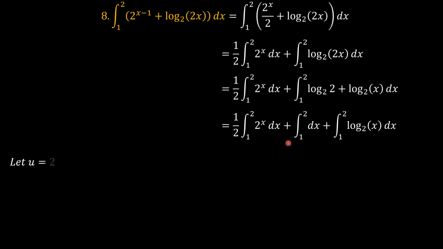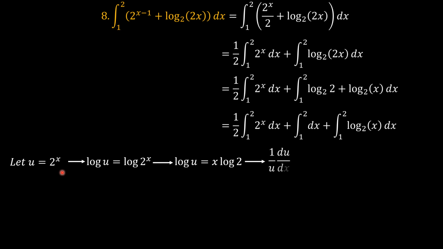Now we can focus on the first part and say let u be equal to 2 to the x, such that the natural logarithm of u is equal to the natural logarithm of 2 to the x, which means ln u is equal to x times log 2, and therefore 1 over u du/dx is the same as log 2, so 1 over (u log 2) du equals dx.